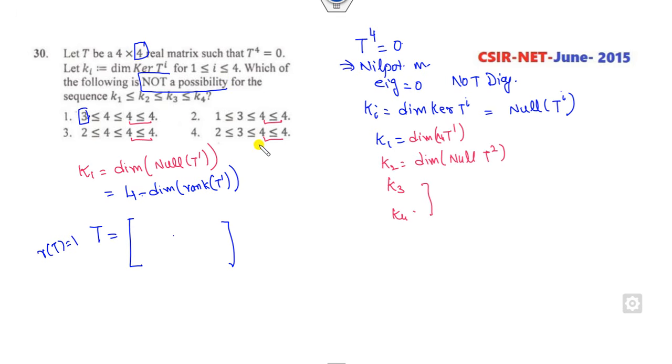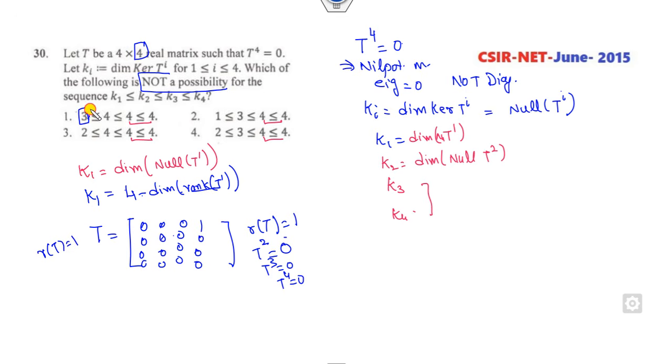Can you think about that? That's very simple. You can take 4 rows with the last values here. Clearly see the rank of this matrix is 1. If I find T square, it is 0, T cube 0, T4 0. So rank is 1, 4 minus 1 is 3, so k1 will be 3. That's satisfied. But we need a not, so this option is cancelled.